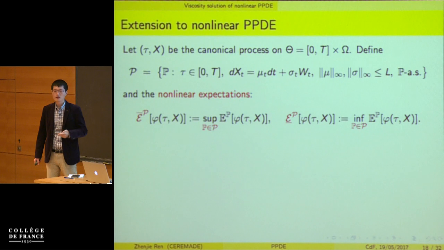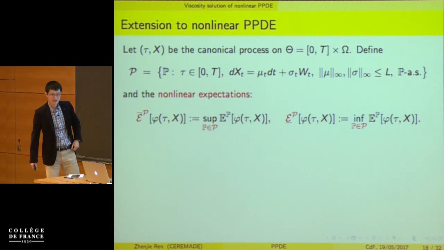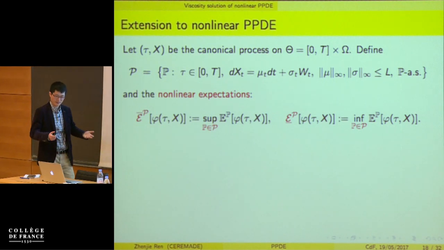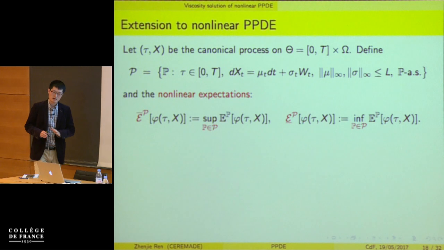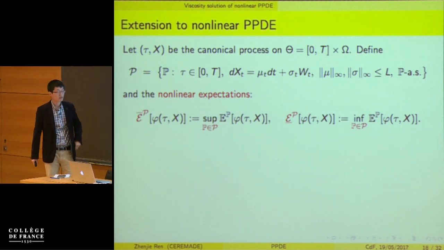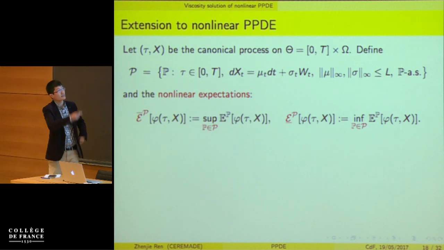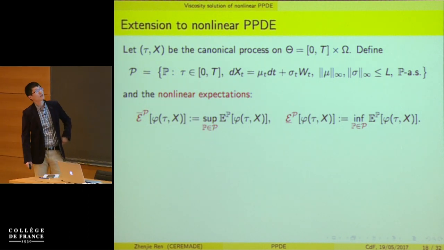But in fact, for those non-Lipschitz G, we can modify the definition of the P round here and get a new definition. But it will be a little bit more complicated, so I will not talk about it in this talk. So let's consider the Lipschitz case, and that's the P round we will use.